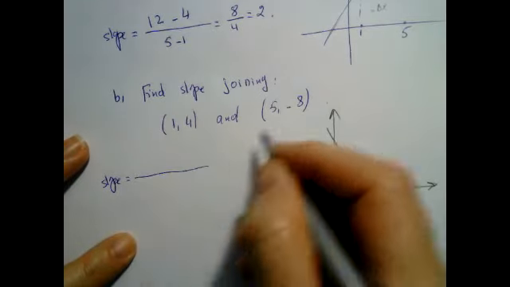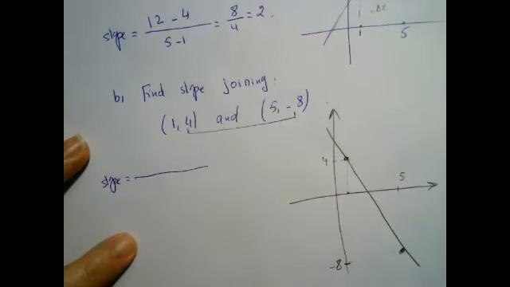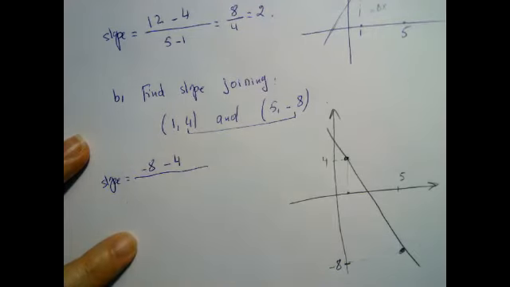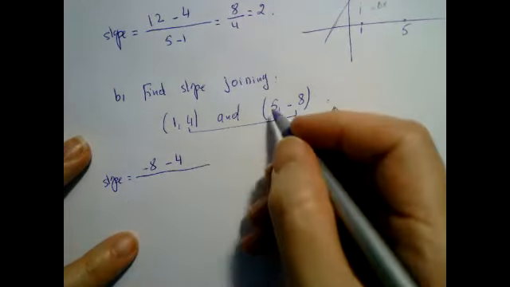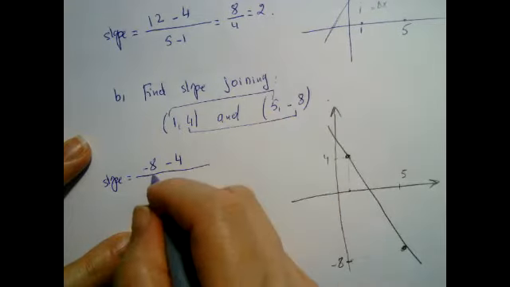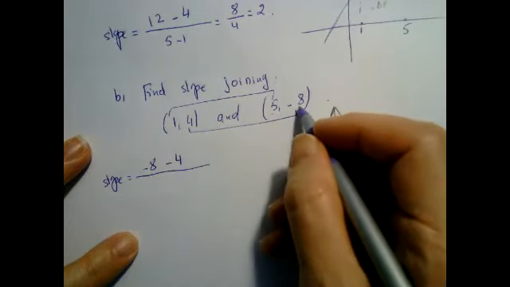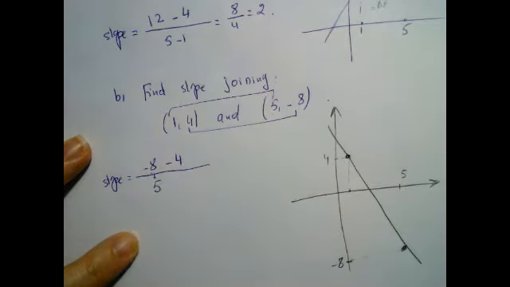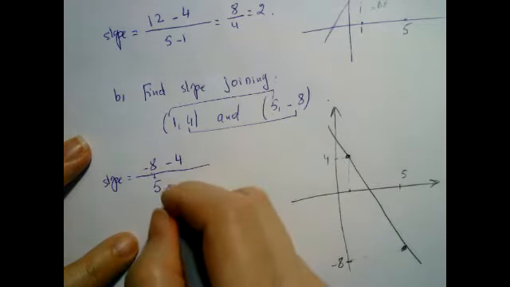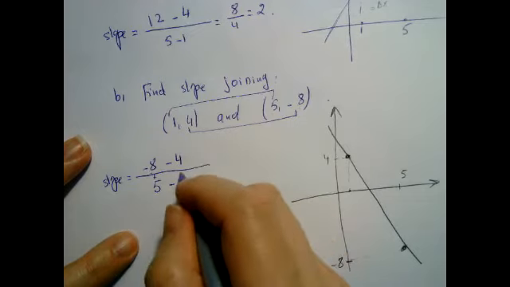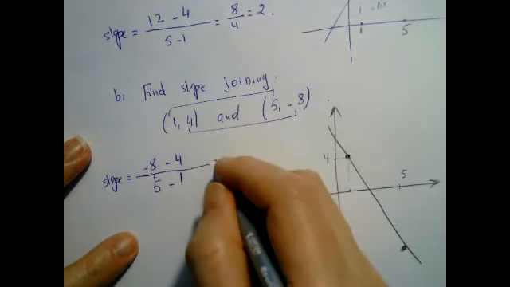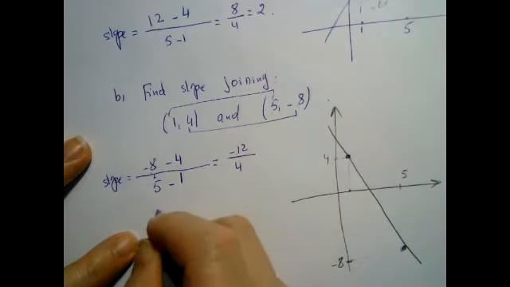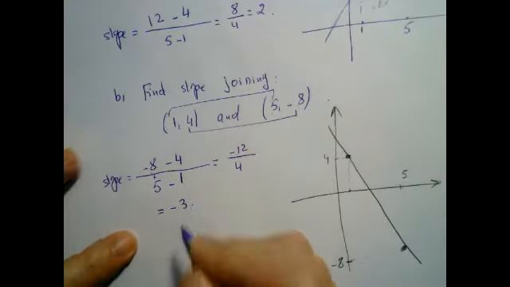The slope is the change in the y's. So it's minus 8 minus 4 divided by the change in x. If I use 5 with the minus 8, I should choose the x that corresponds to this y, and here I use the x that corresponds to this 4. So this gives me minus 12 over 4, which is minus 3.